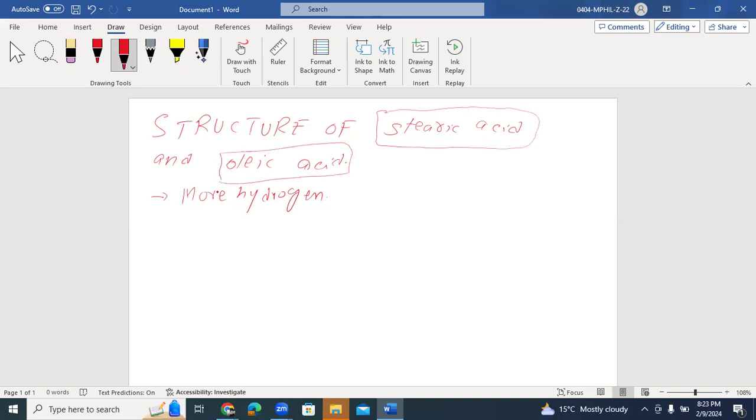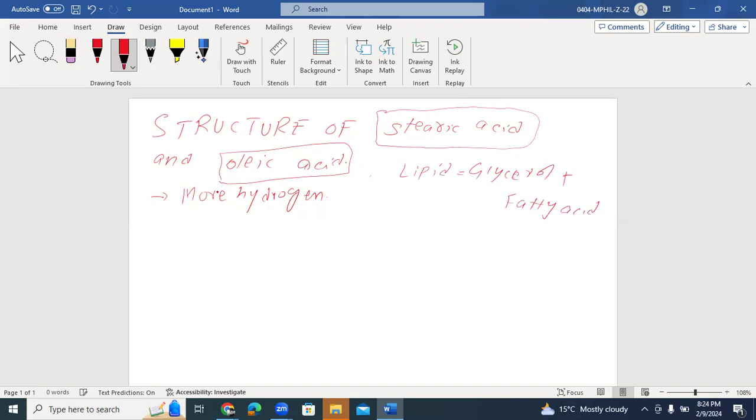We will try to understand what happens if we add stearic acid or oleic acid to the glycerol, because the basic component is the same. In case of lipids, what are the two main components? One is glycerol, and the second one is fatty acid.